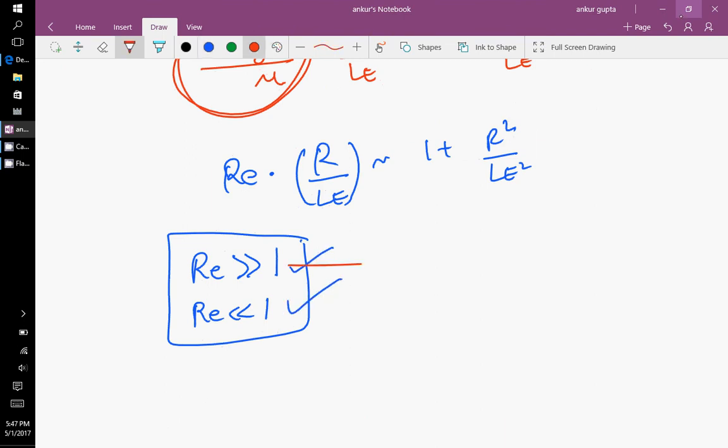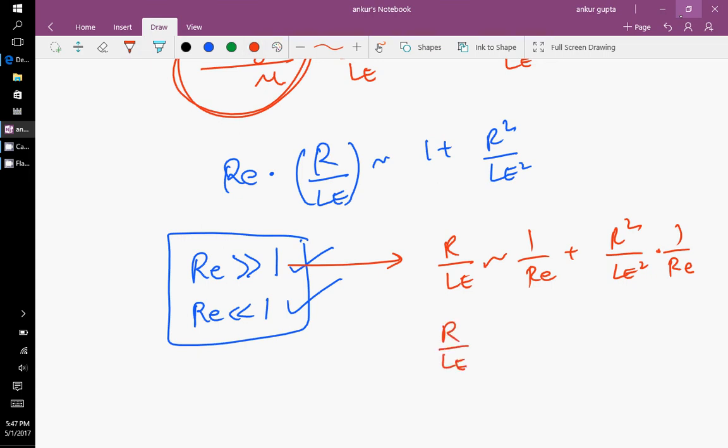So if Reynolds number is greater than 1, the logical thing to do would be to take this and divide everything by Reynolds number, right? And that means that Reynolds number is greater than 1, then we can actually approximate r by le as 1 by Re, and basically ignore this term.